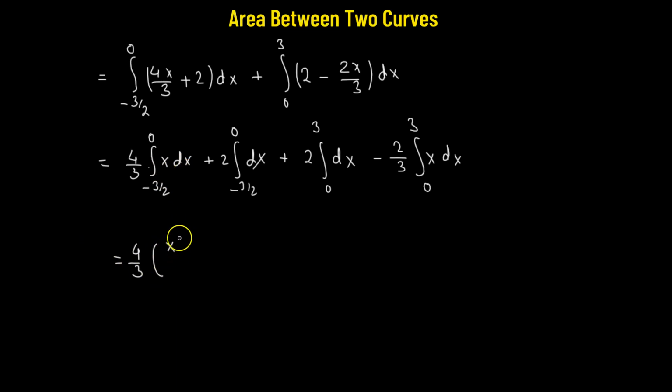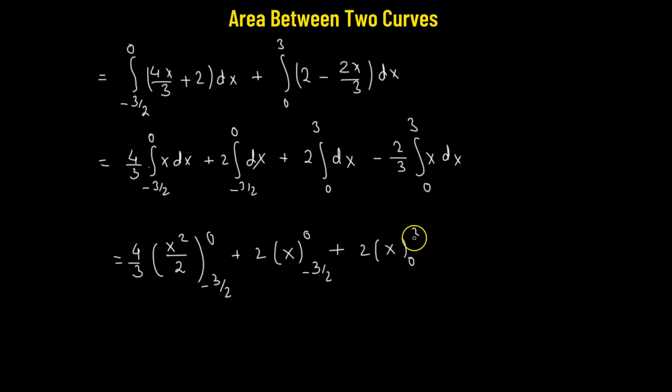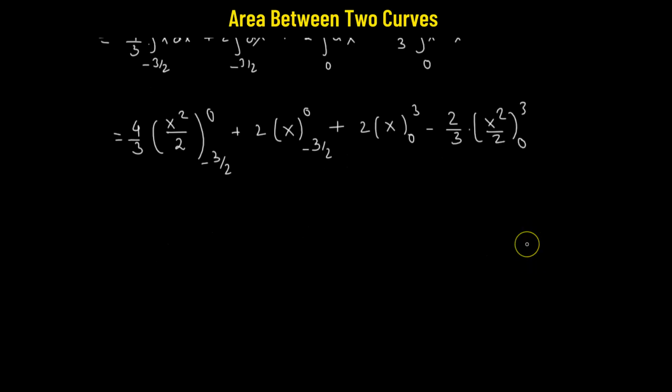So that will be x squared over 2 with the limits going from negative 3 over 2 to 0, plus 2 times the integration of dx. So that's simply x going from negative 3 over 2 to 0, plus 2 times x from 0 to 3, minus 2/3 multiplied by x squared over 2 from 0 to 3.